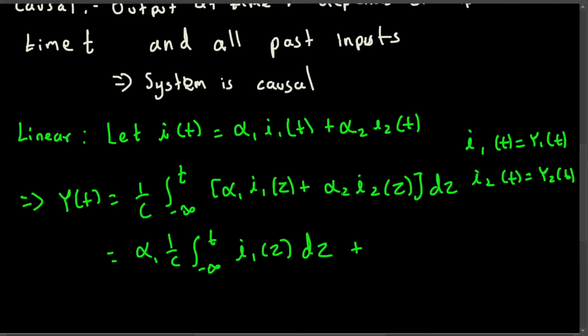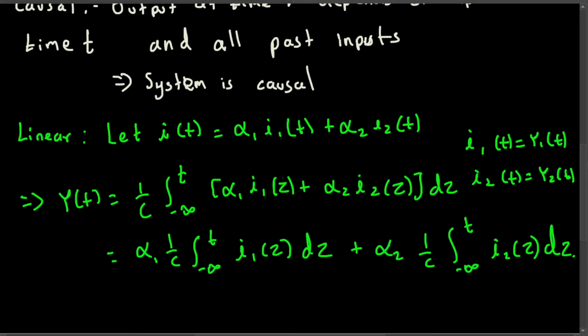And I write the other equation as alpha 2, a constant, and then 1 over c, integration negative infinity to t, and then I2 of tau d tau. I just write these two as two different equations. You can do that when you have these things in a bracket.